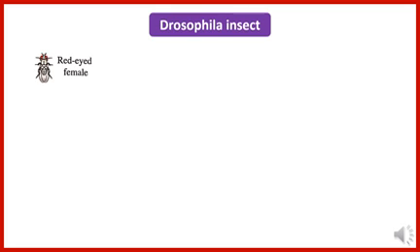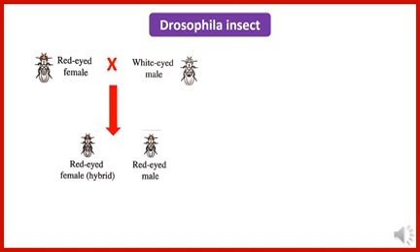He crossed a red-eyed female with a white-eyed male. He found that all the members of the first generation had red eyes. From this, he concluded that we have here a dominant trait and a recessive trait. The red eye color is dominant and the white eye color is recessive.